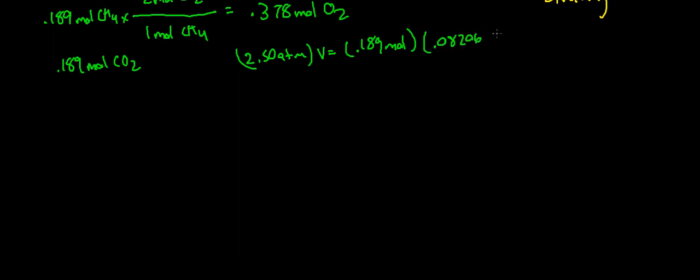The ideal gas constant is always the same, unless it's in different units. And 125 degrees Celsius is 398 Kelvin. To solve for V, V is equal to 2.47 liters.